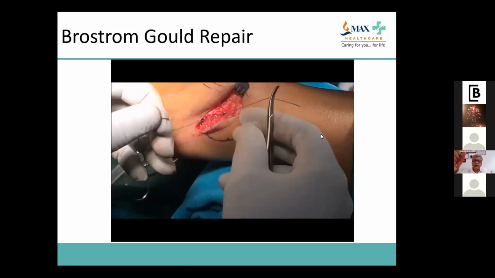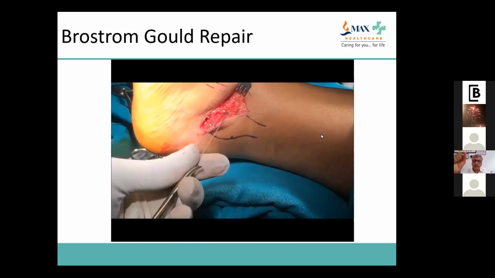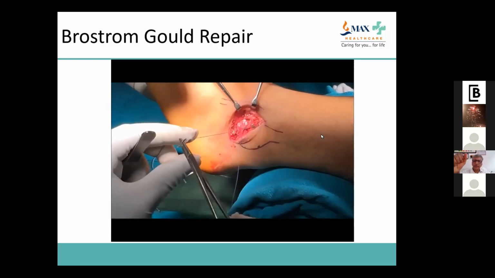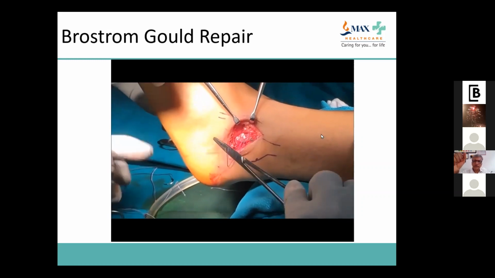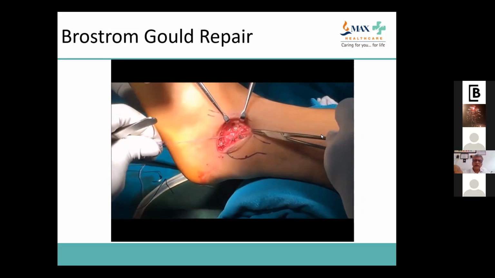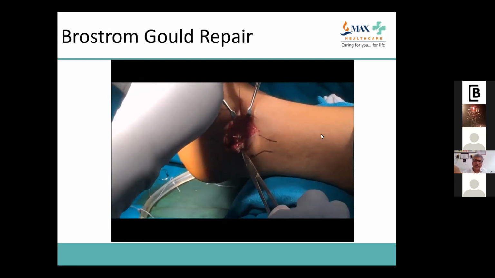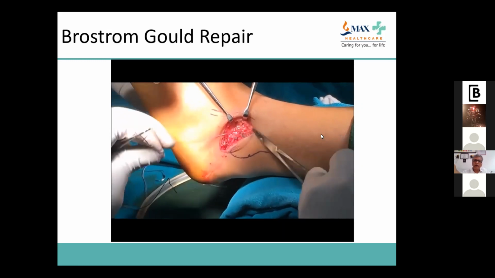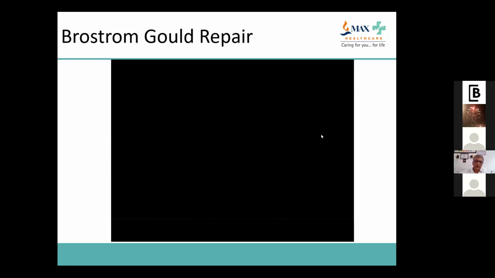While we are doing this repair, we are keeping the foot in neutral position, maybe about 5-degree inversion or eversion. And now this is the extensor retinaculum, which is being brought close to the distal end of the fibula.